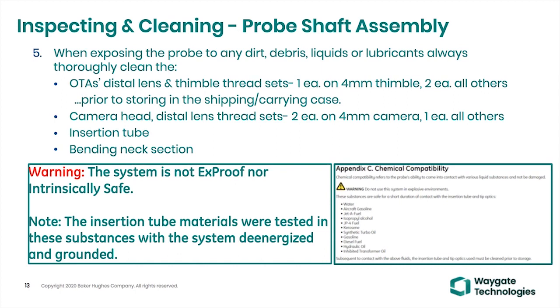It was simply the insertion tube was laid in those products for 24 hours. It was then removed and cleaned in the way I just described, cleaning it with a cloth in water, or a cloth with alcohol. And then it was returned to service with no noticeable damage to that insertion tube material.